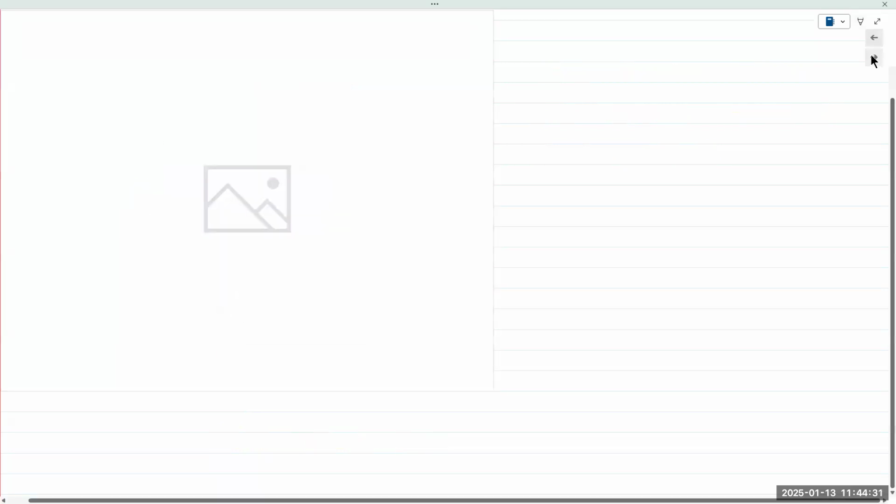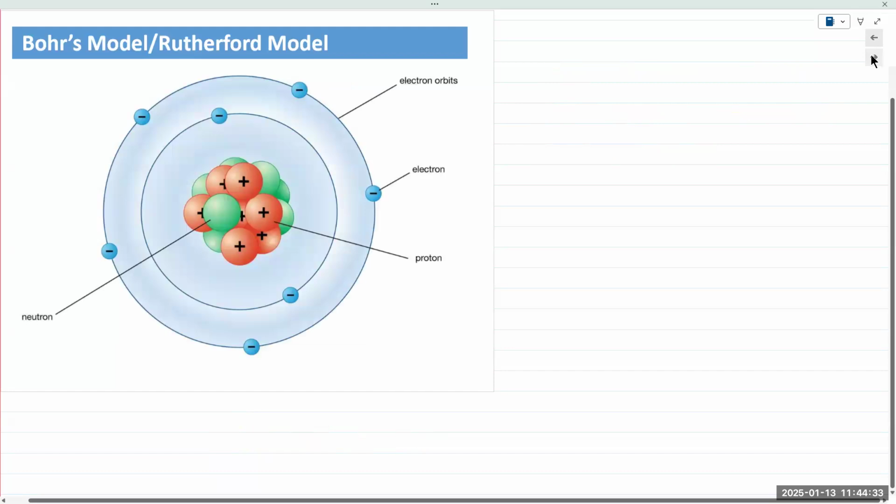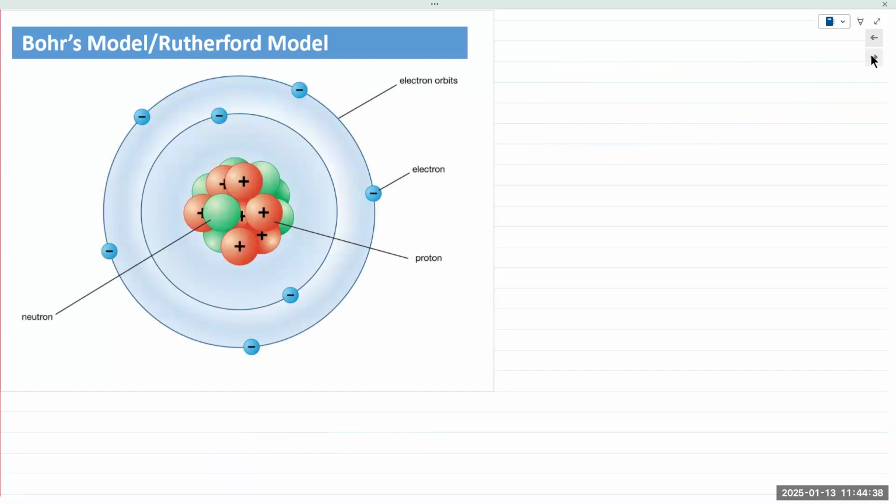Okay. So this is very familiar, right? Everybody is familiar with the Bohr's model. It was then modified into the Rutherford model. So there have been several models over the past centuries, but this is the most common one.